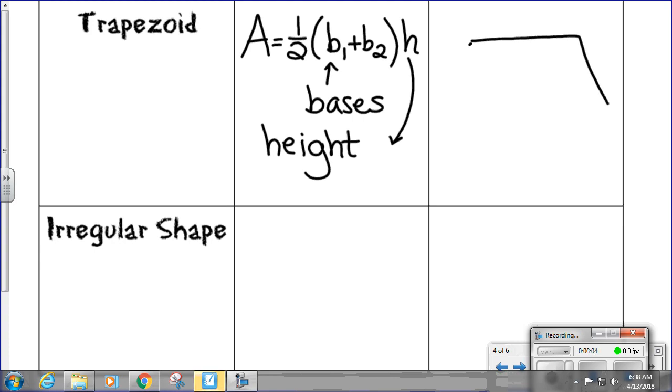Picture of a trapezoid. We have a height inside forming a perpendicular line to the base. One base will be labeled B1, one base will be labeled B2.